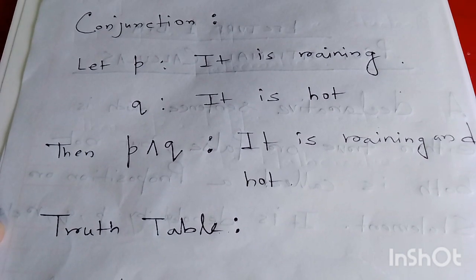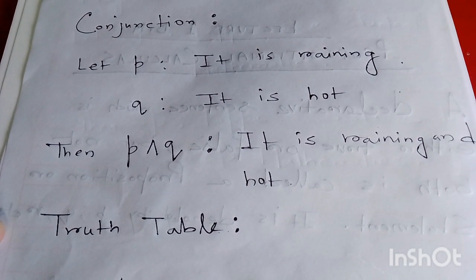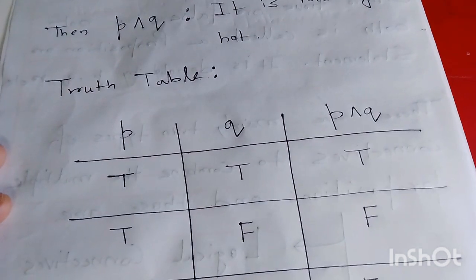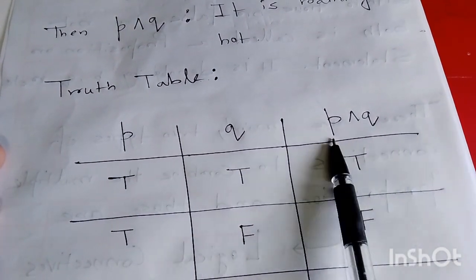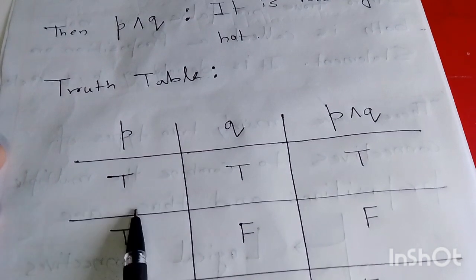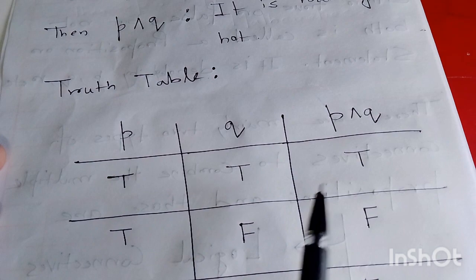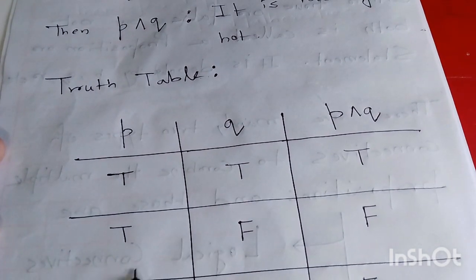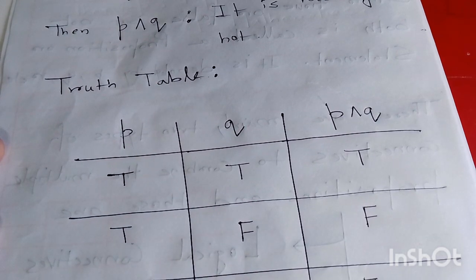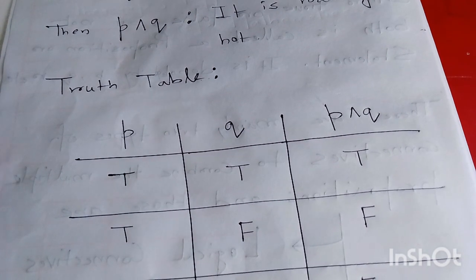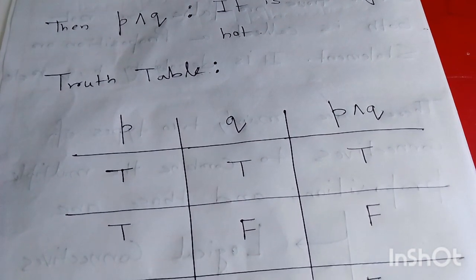And the truth table of P and Q is as follows: P, Q, and P and Q, or P conjunction Q. True, true gives true; true, false gives false; false, true gives false; and false, false gives false.